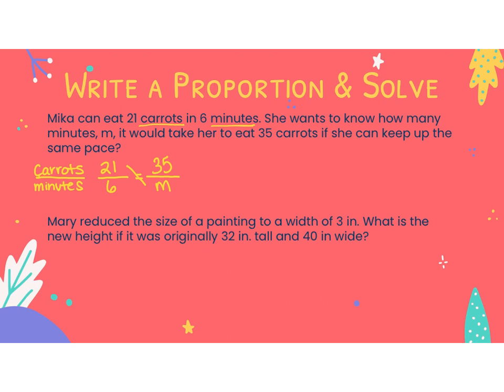I'll multiply 21 times M, and that equals 6 times 35. 6 times 35 is 210. Next, I will divide both sides of my equation by 21.